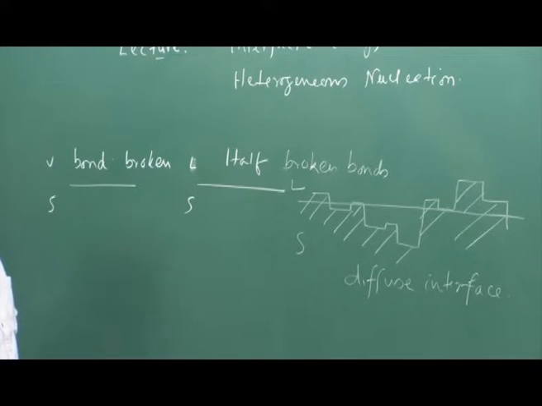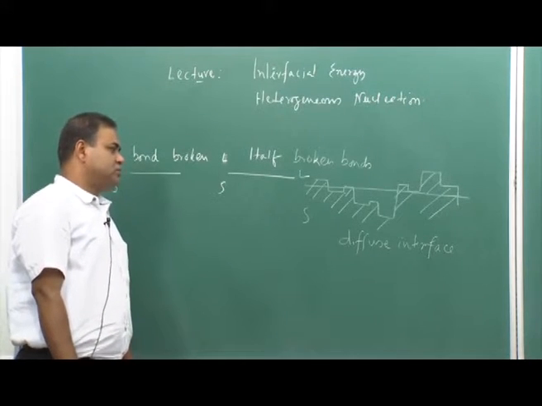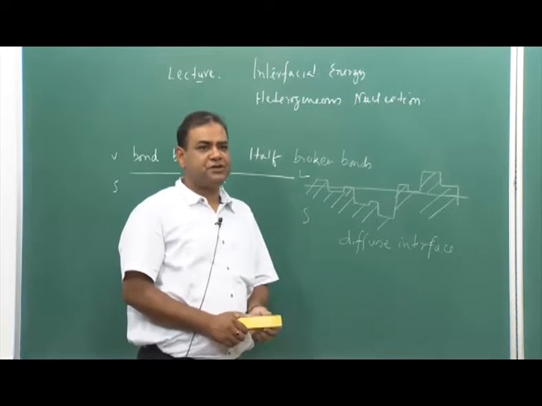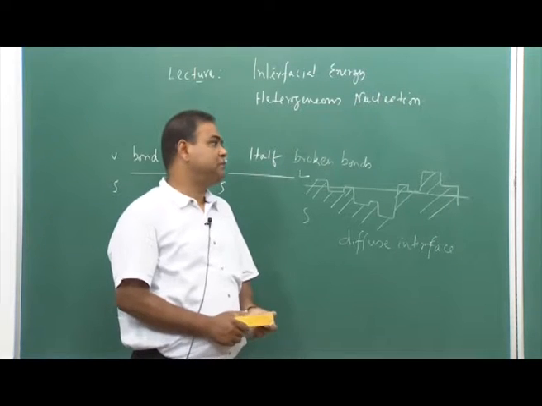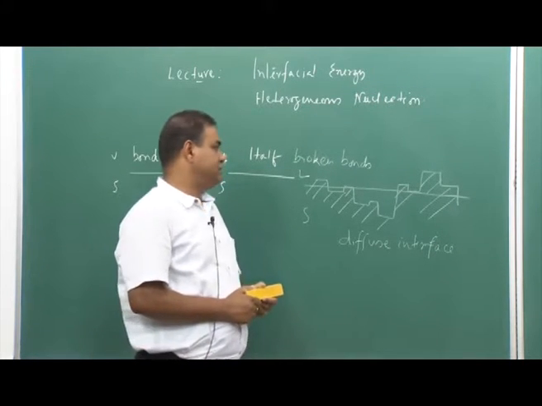Now, at the same time we have done our exercise on how to get the free energy of liquid and free energy of solid from the enthalpy of solid as well as the enthalpy of liquid.